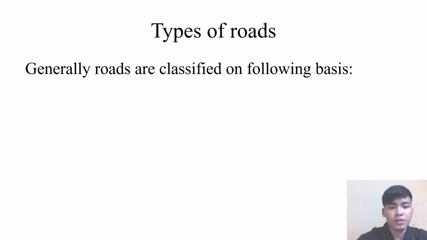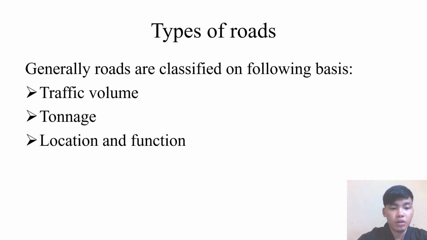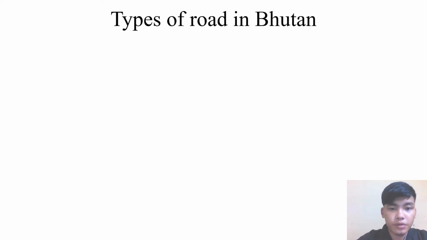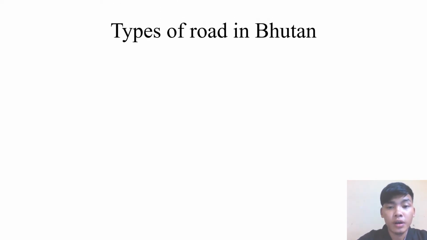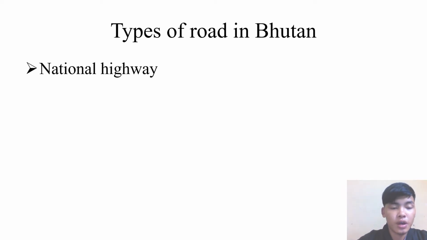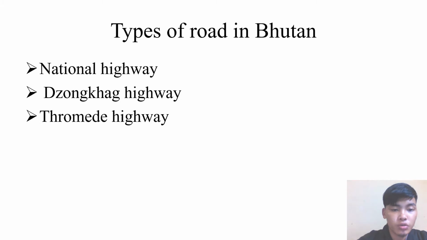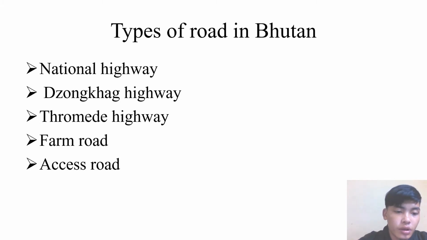Types of roads. Generally, roads are classified on the following basis: traffic volume, tonnage, location, and function. Types of road in Bhutan. There are 5 types of roads in Bhutan: National Highway, Songkhak Highway, Thomde Highway, Farm Road, and Access Road.